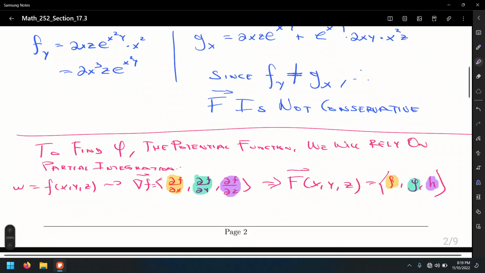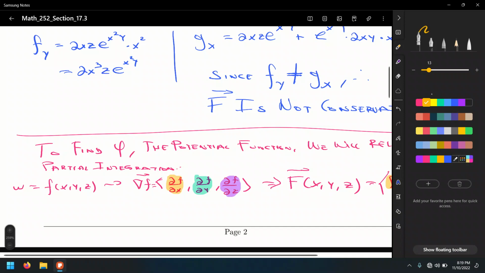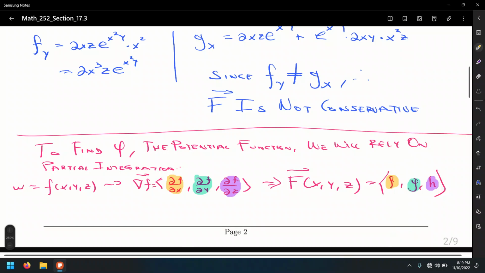The z component with the z component. So if we set these two together, partial f with respect to x equals f. That means we retrieve the original component of the function by integrating: partial phi equals f partial x.